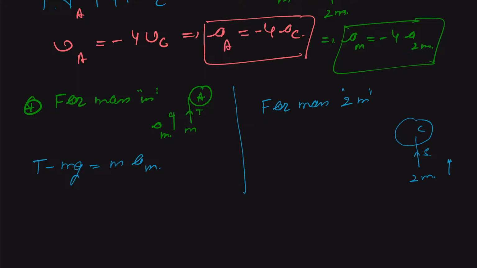Okay. And its acceleration is acceleration of 2m. Therefore, we can write the equation S minus 2mg is equal to 2m times acceleration of 2m.